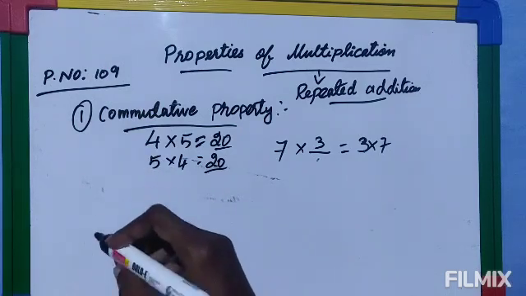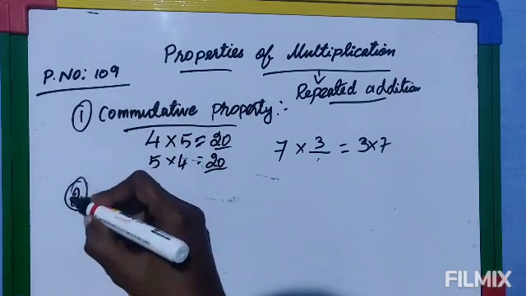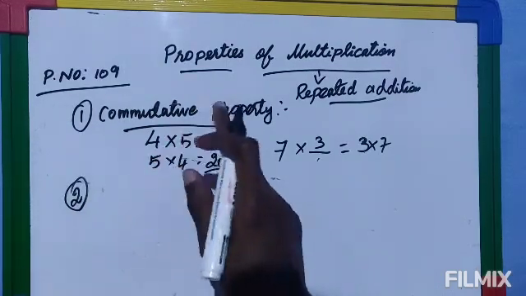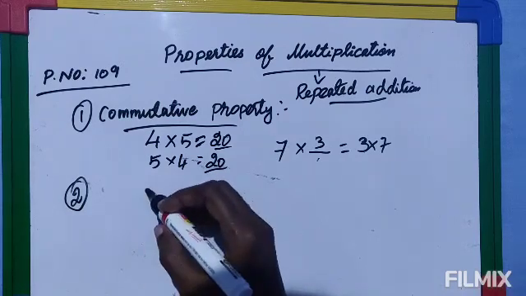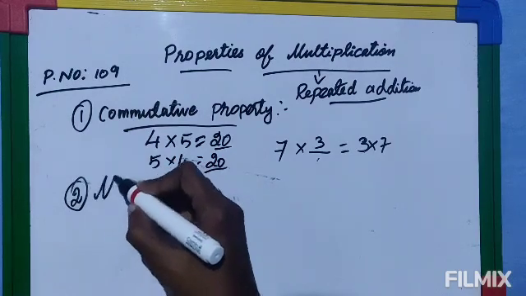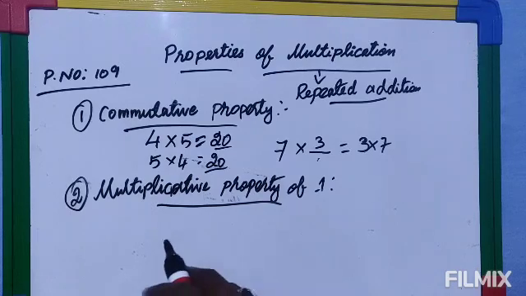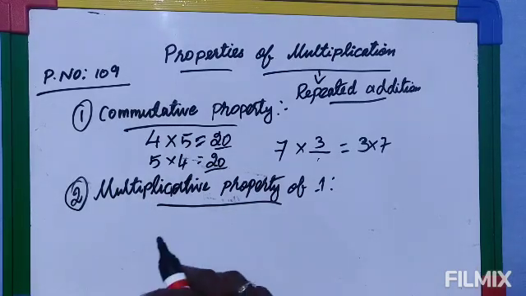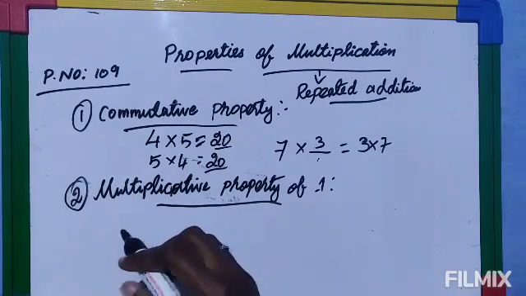Again, the second property. Commutative property of multiplication was the first. Now the second property is the multiplicative property of 1. If you multiply any number by 1, you will get the same number as the answer.